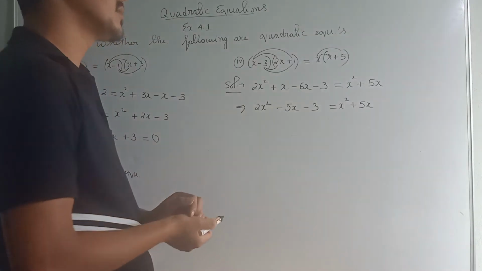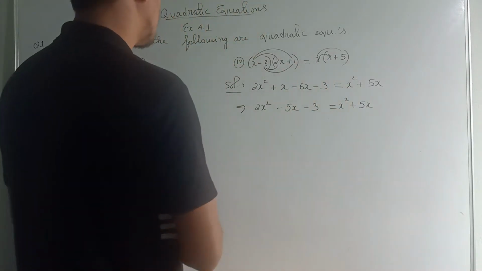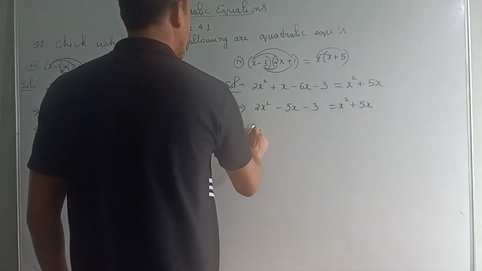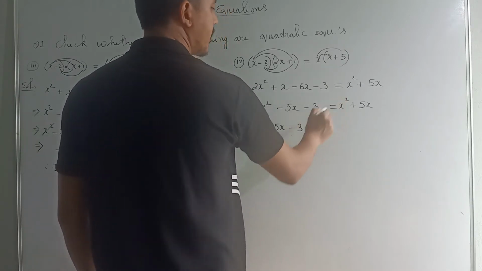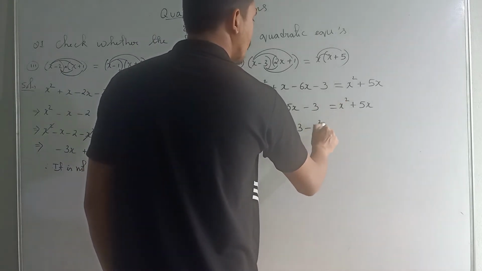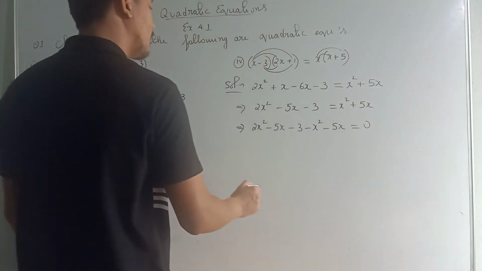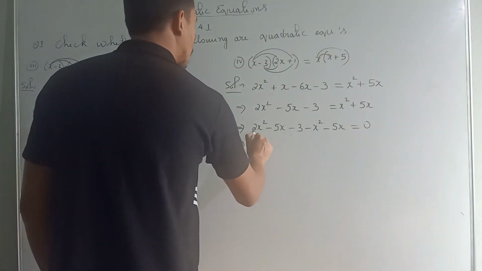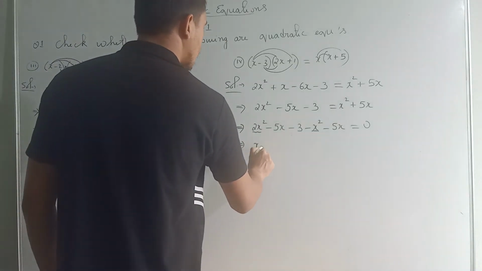Let us transpose the terms on the right side to the left side. Then we have twice x squared minus 5x minus 3, and then we have minus x squared minus 5x equal to 0. Twice x squared minus x squared gives you 1x squared.